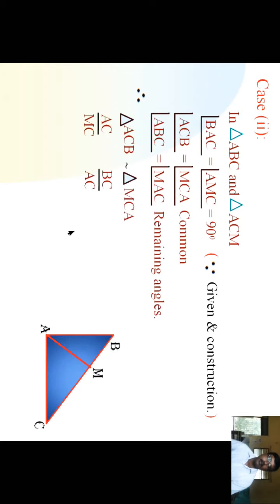They are equal to one another, that is, they are in proportion on the basis of AA criteria. Now do the cross multiplication. Ultimately, we will end up with the structure AC square equals BC into MC. Take this as the result of case 2, equation number 2.